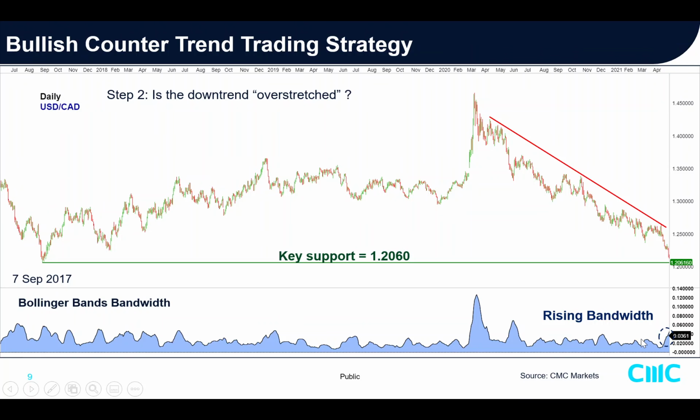So we know this downtrend has really reached what I call an overstretch condition, which increases the probability of a snapback in price action, or some may call it mean reversion, or a potential short-term rebound at this 120.60.